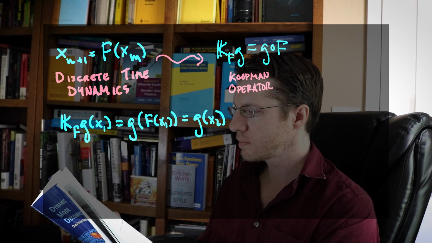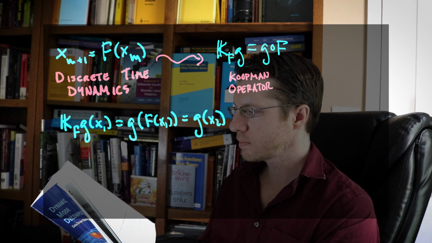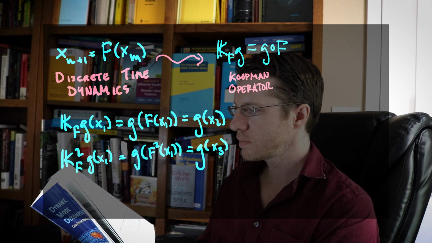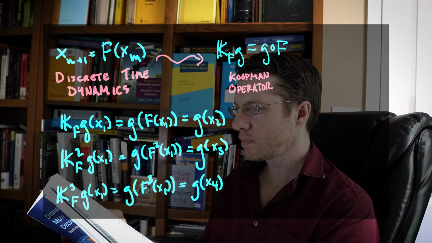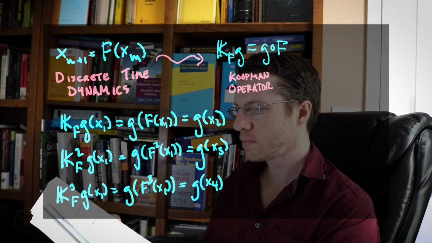So iterated applications of the Koopman operator move us from x1 to x2 to x3, but all inside of some function that we've selected, some g. So in this sense, it seems that the Koopman operator really does represent the discrete time dynamics in almost a perfect way.